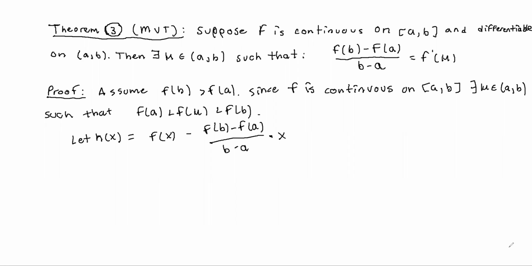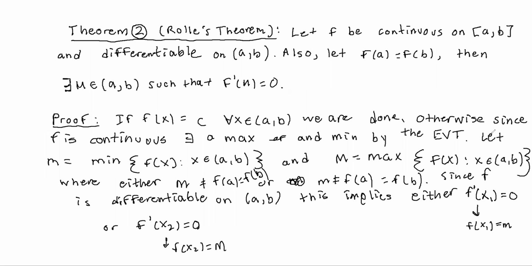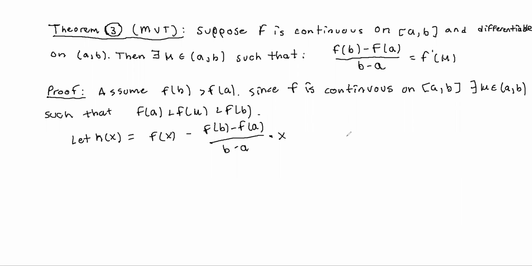So if we recall from Rolle's theorem, we need two conditions. Number one, we need it to be continuous on the interval a to b and differentiable. And we need the endpoints to be equivalent to assume Rolle's theorem. So what I'm going to do is I'm going to see, hey, is that satisfied with h of x, right?